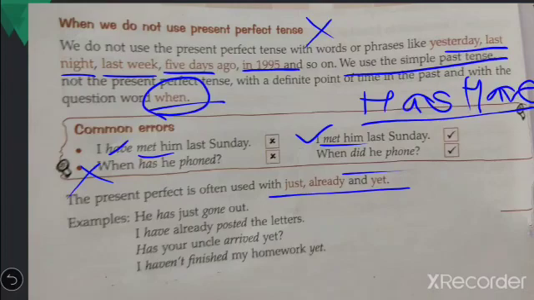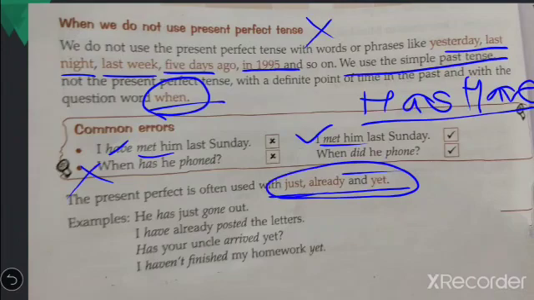Already, yet, ever, never, before: with this type of word we use the present perfect tense, for an action that happened at some indefinite time in the past. These words are showing that the action happened at some indefinite past time. For that, we have to use the present perfect tense.